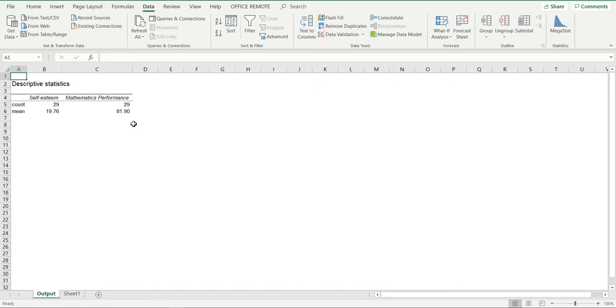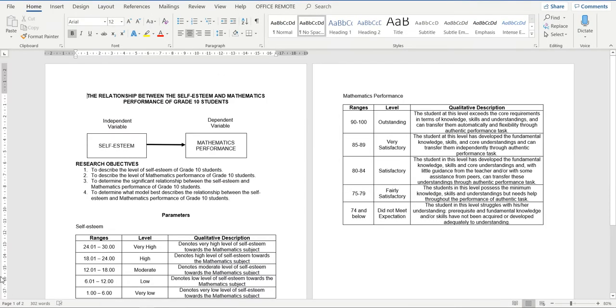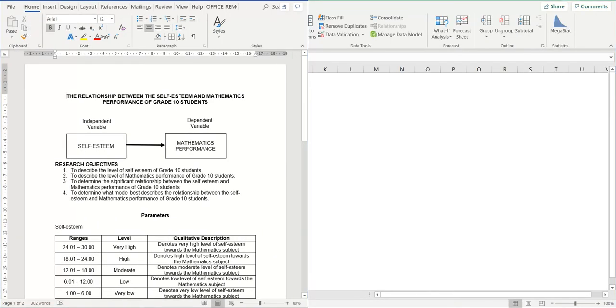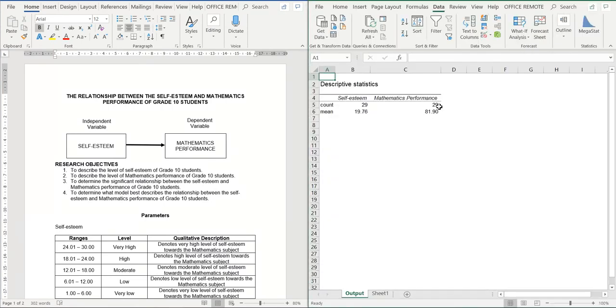If we go back to our parameters, we have for the self-esteem, the mean is 19.76. This 19.76 falls in this range, 18.01 to 24.